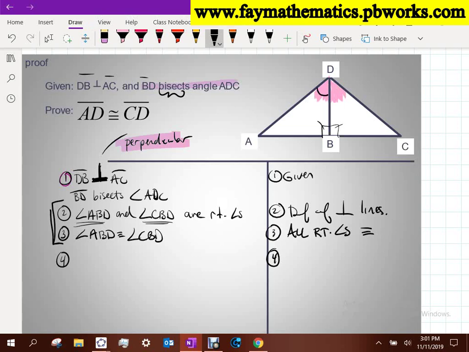The two individual parts then would be that part and that part, right? So I'm going to say angle ADB is congruent to angle CDB. And that's going to be definition of an angle bisector.